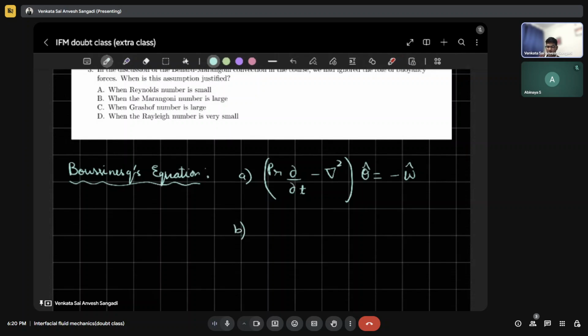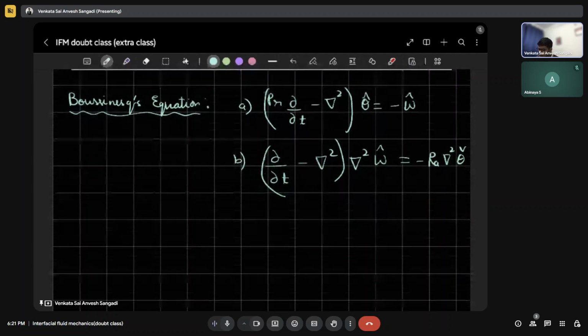And the second equation, B, is d by dt minus del square of omega cap, which equals minus Rayleigh times del square theta reverse cap.